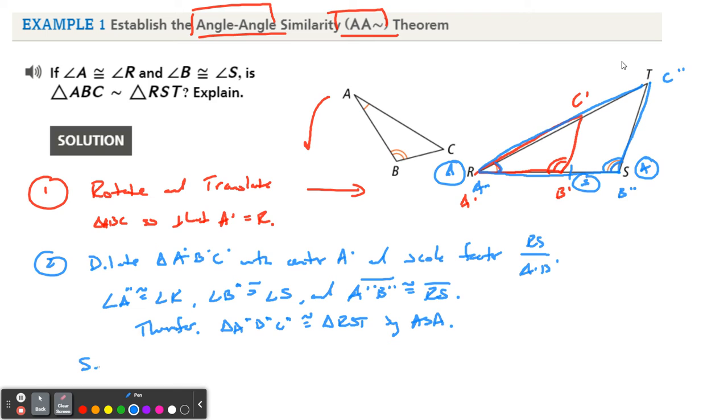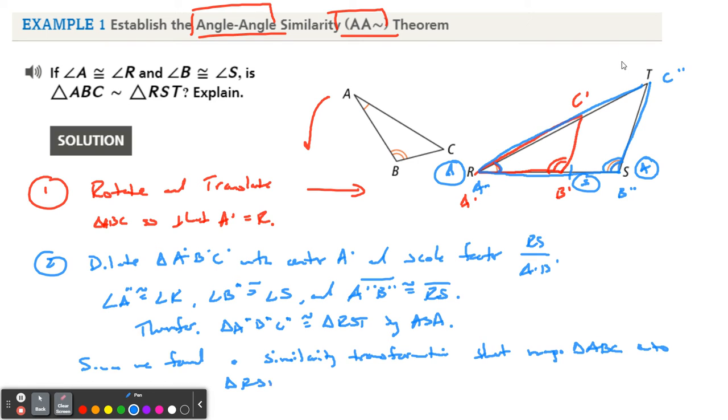So since we found a similarity transformation that maps triangle ABC onto triangle RST, triangle ABC will be similar to triangle RST.